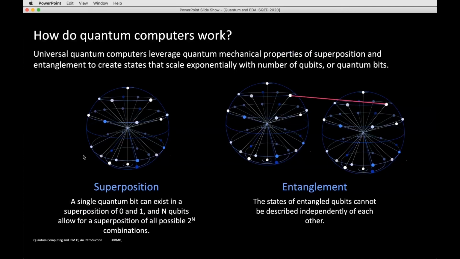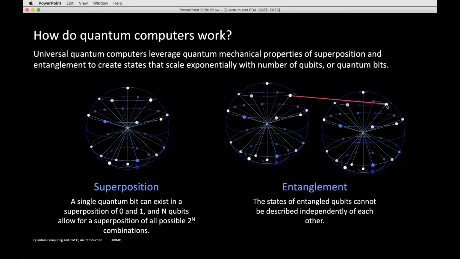The other really interesting phenomenon of a quantum computer is the ability of 2 qubits to entangle. The simplest description is that 2 entangled qubits cannot be described independently of each other. But it's a very, very powerful phenomenon, correct? So if we know that this qubit is in this state here, we for sure know that the corresponding qubit is exactly in this state.